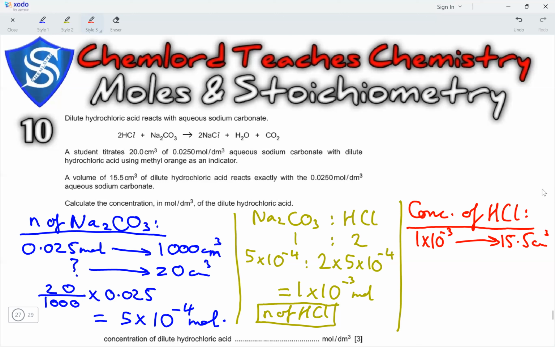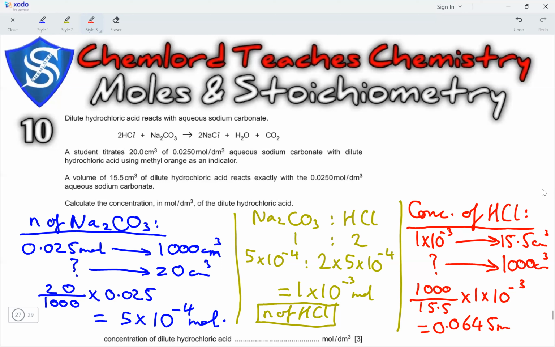And since we need to know the concentration, we will calculate the number of moles of HCl present in 1000 cm cube of HCl, which is equal to 1 dm cube. So the calculation would be 1000 divided by 15.5 multiplied by 1 into 10 to the power of minus 3, giving us a concentration of HCl value as 0.0645 mole per dm cube.